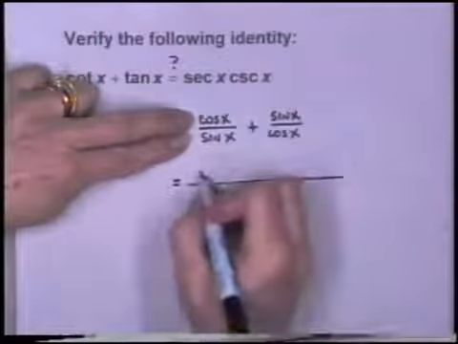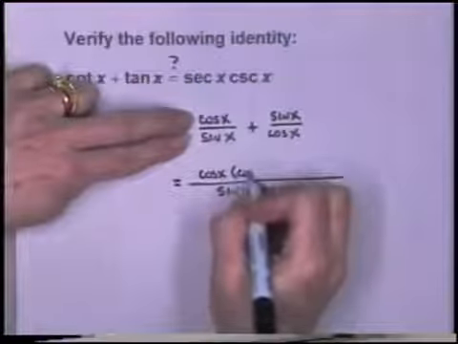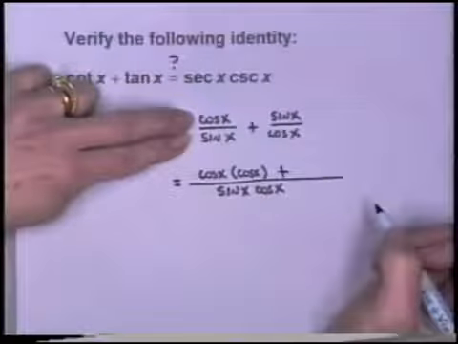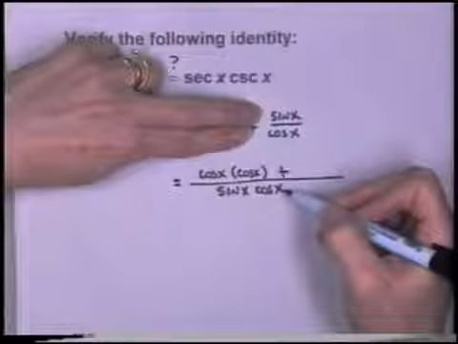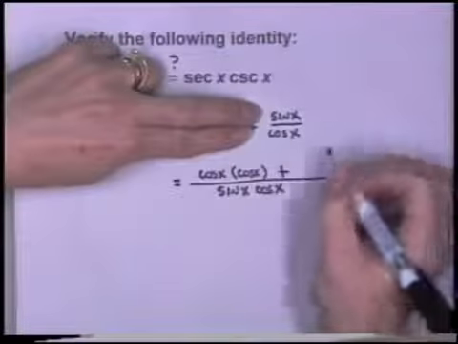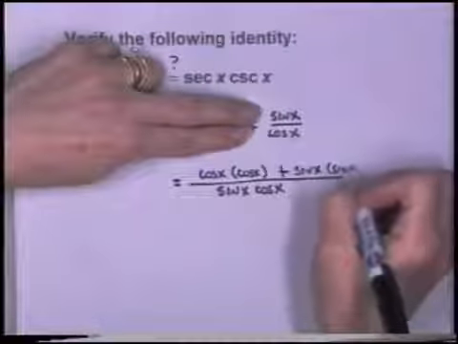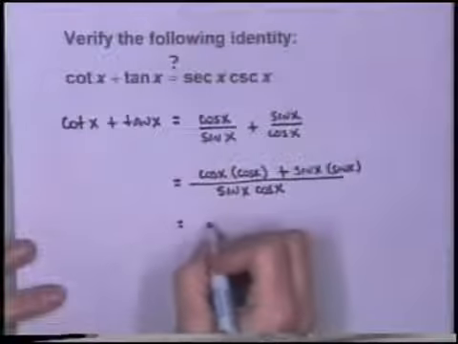So I'll also multiply the numerator by cosine x. So I have cosine x, I'm going to do this for emphasis, times cosine x. Okay, now I'm going to go ahead and put my plus sign here. And this fraction, to get my new denominator, I'd have to multiply by sine x. So I'm going to have my numerator of sine x multiplied by another factor of sine x.